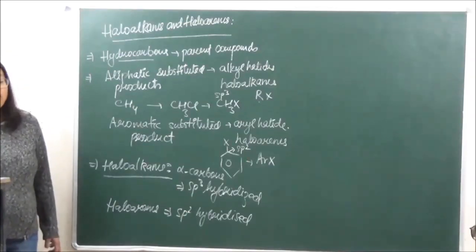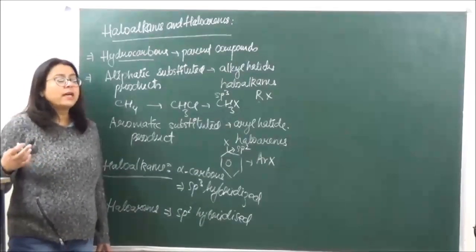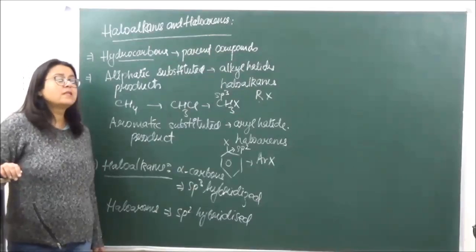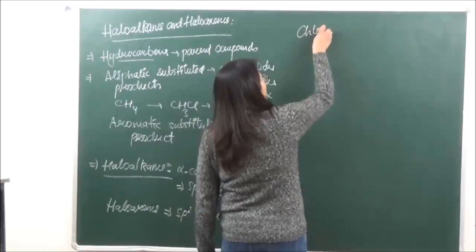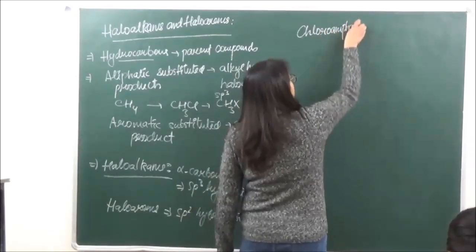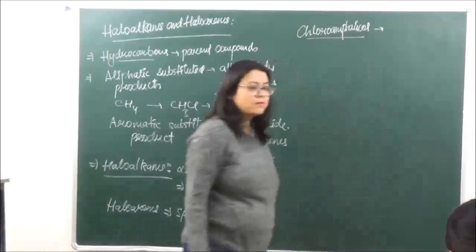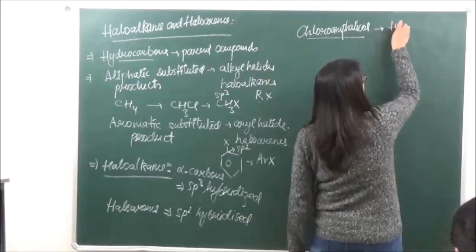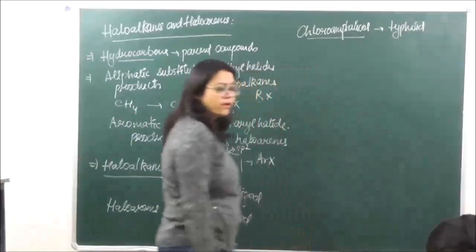Now when we are talking of halogen compounds, the compounds or hydrocarbons to which halogen is attached, they have a lot of medicinal uses. For example, we have a medicine by the name of chloramphenicol. This medicine has chlorine as a substituent in the organic compound, and this is used for treatment of typhoid fever, right?